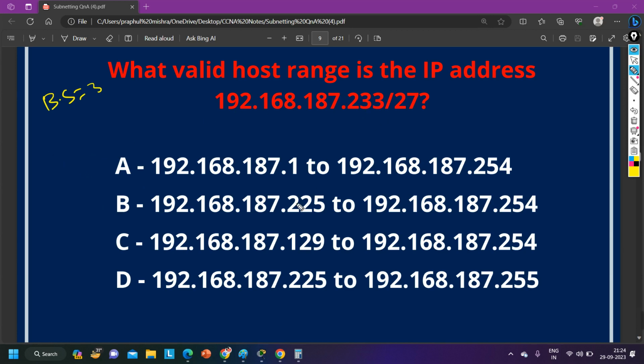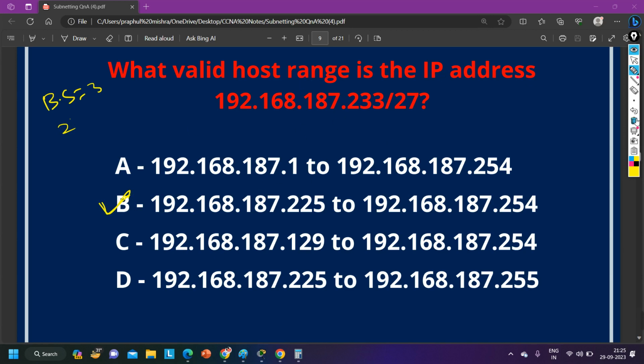Okay, 224 is the network ID. So option B. 224 cannot be the last valid address, it is the network ID. So 224 minus 32, option B only. Option B. Okay, you can calculate it.